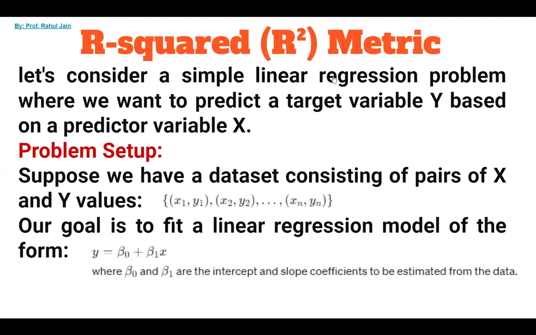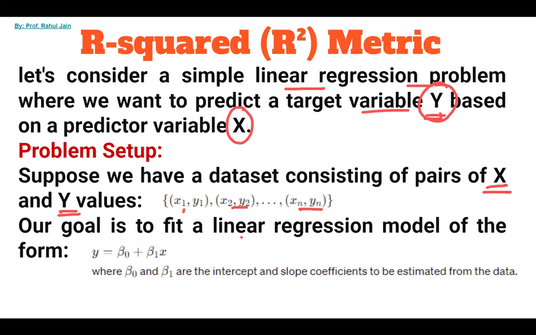So basically, we can consider a simple linear regression problem where we want to predict a target variable y based on a predictor variable x, right? So what is our problem setup? Suppose we have a data set consisting of pairs of x and y values, that is x1 y1, x2 y2, till xn yn, right?